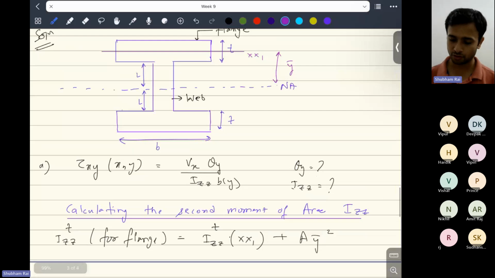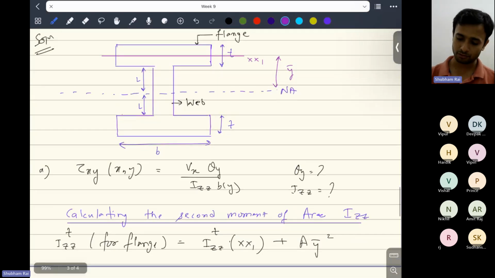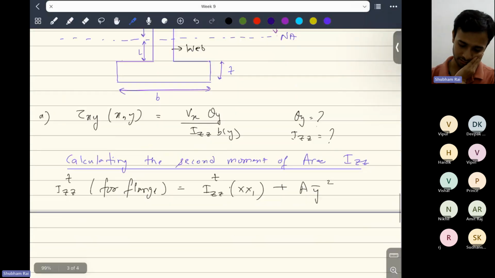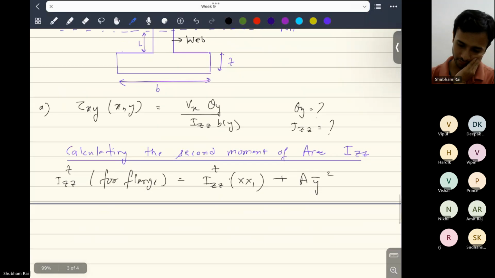So this is the parallel axis theorem. IZZ for this flange about the x1 axis: this is T, this is B, and this axis is intersecting this dimension T. So it will be 1 by 12 B into T cube, and there are two flanges, so it will be twice that. Let me first write down for one flange.